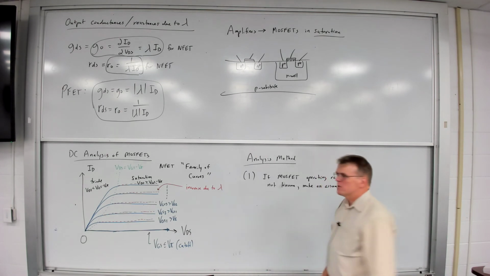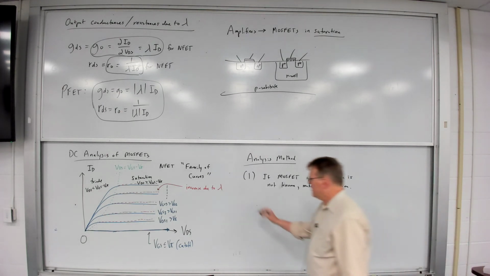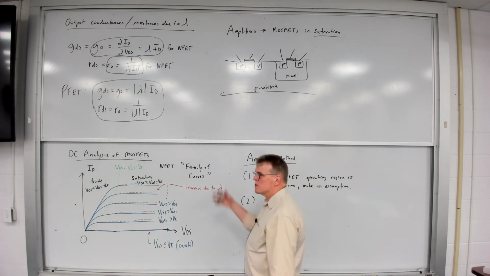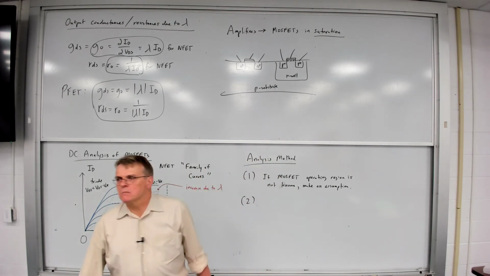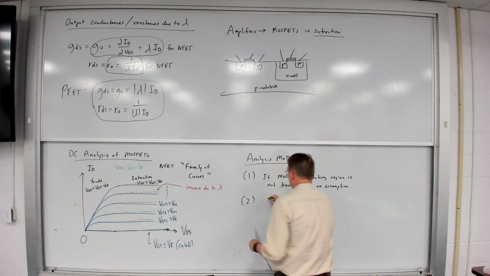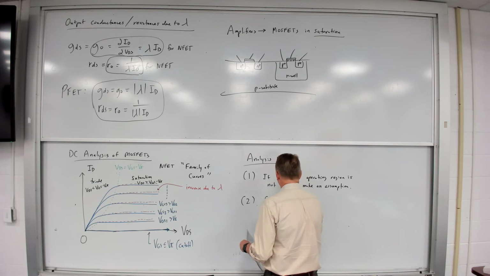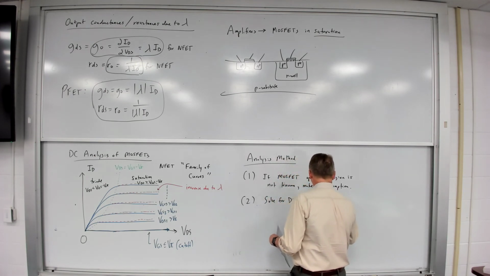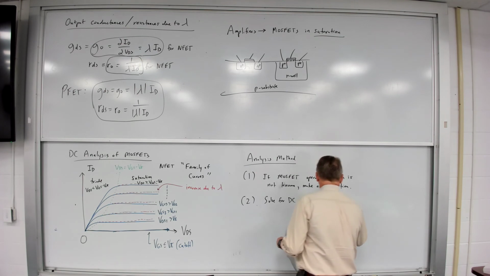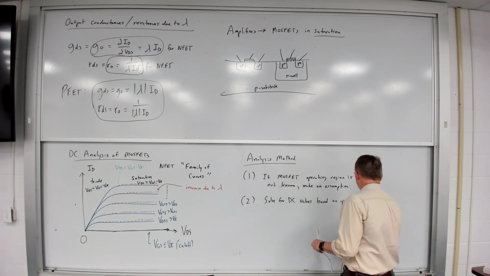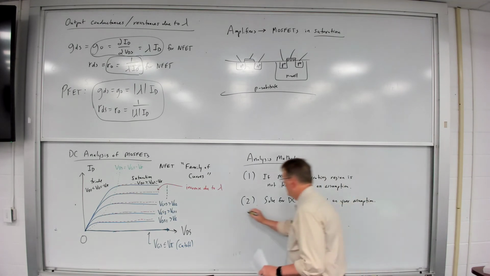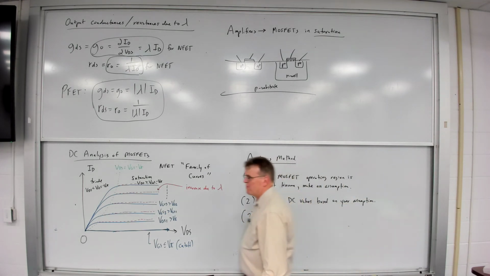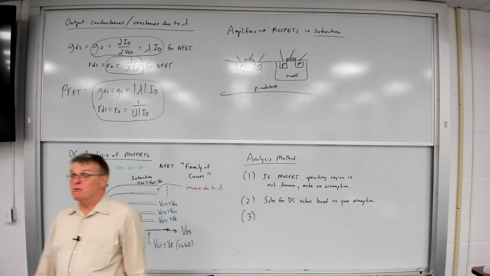So we're going to make some assumption. And what are we going to do then? We're going to solve the circuit based on those assumptions. Then what am I going to do? I'm going to check my boundary conditions.